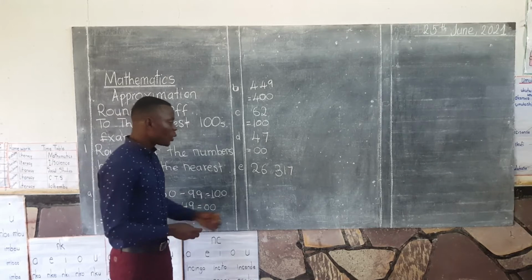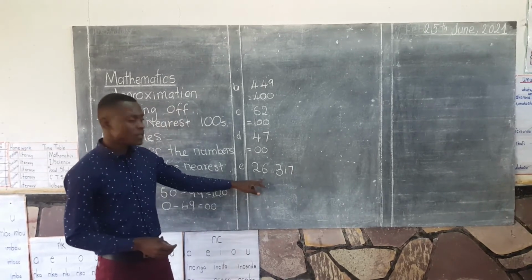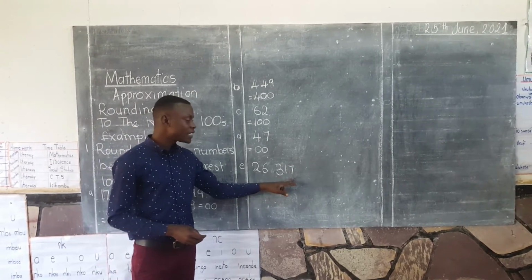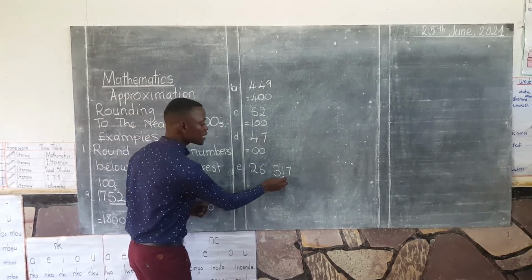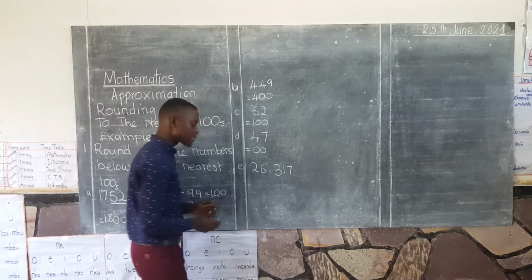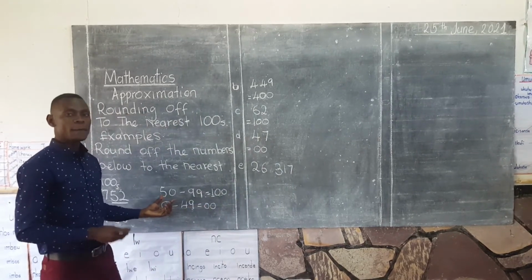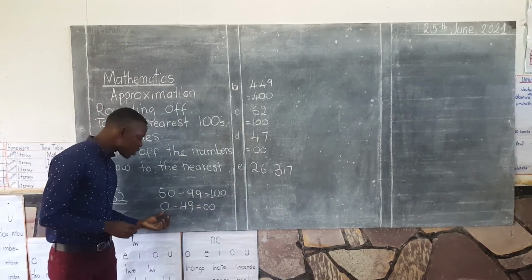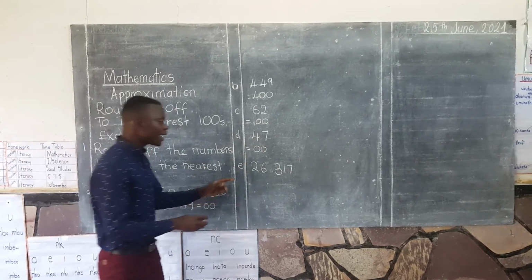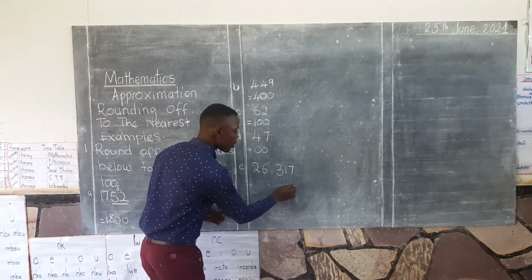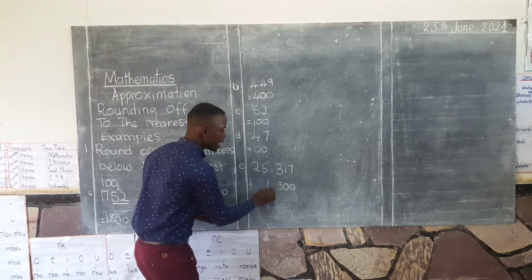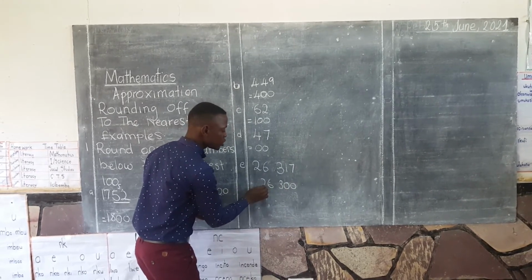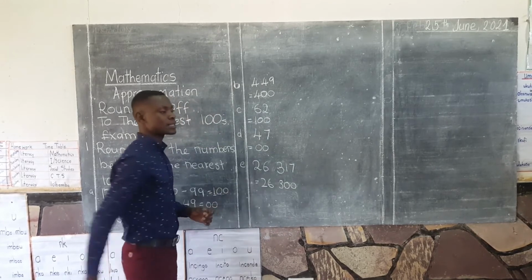Very good. So, to round off 26,317, we'll say 17 is less than 50, meaning it is between 0 to 49. Hence, we'll write 0, 0, then we'll still maintain 3, and we'll still maintain 2 and 6.